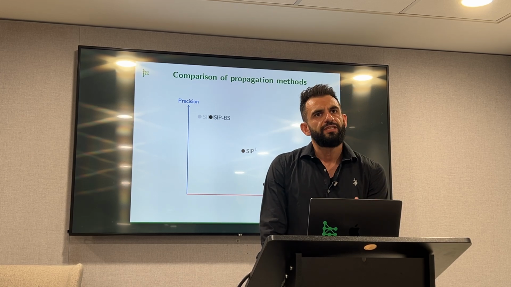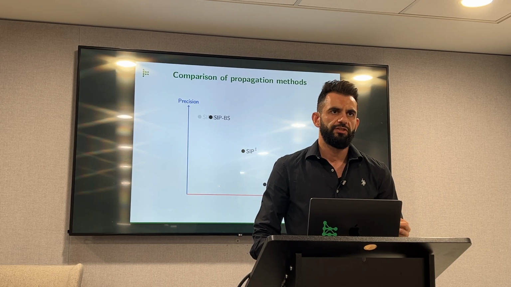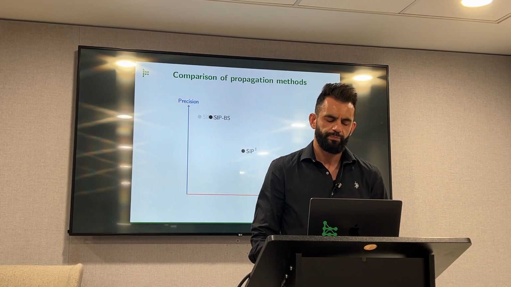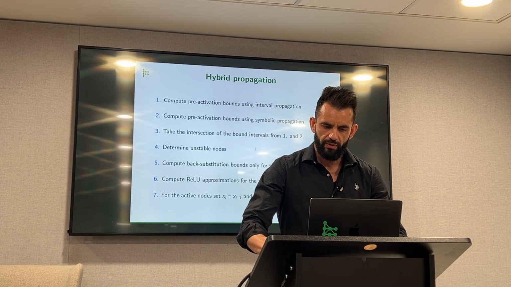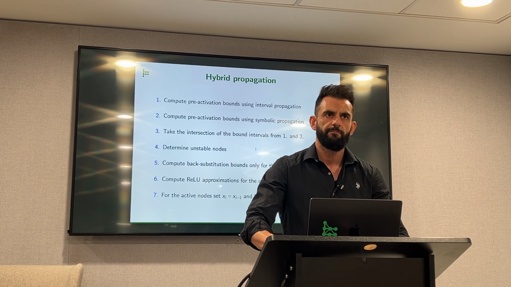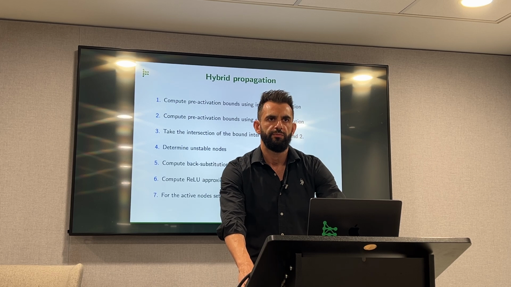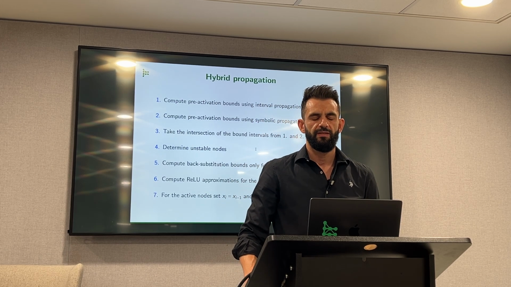So what I'm going to discuss now are some ways which can make the method more efficient, without sacrificing any of its precision. And I will start with what I call here hybrid propagation. This is a very simple method which uses all of the propagation methods to make back substitution more efficient.